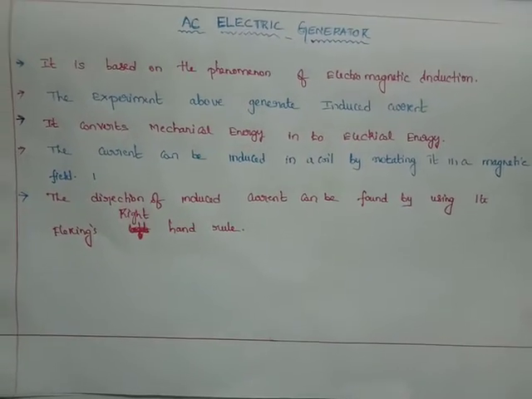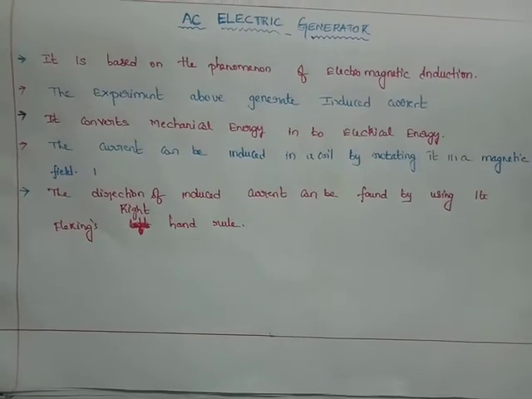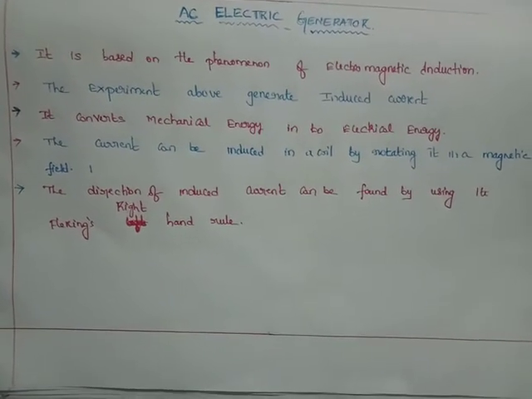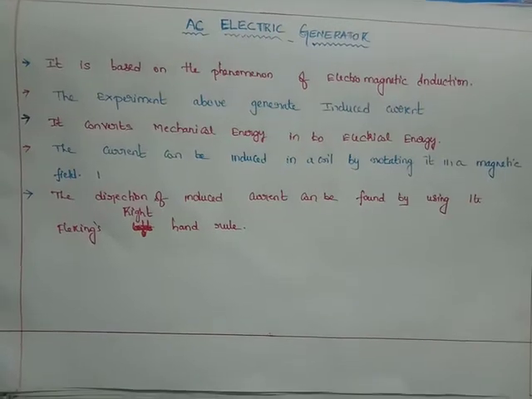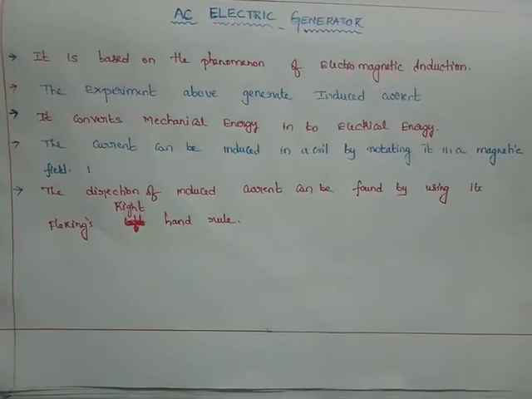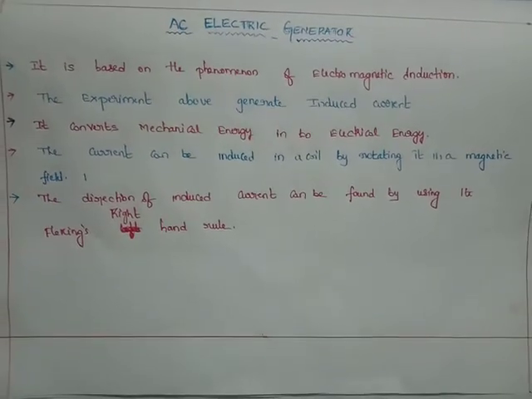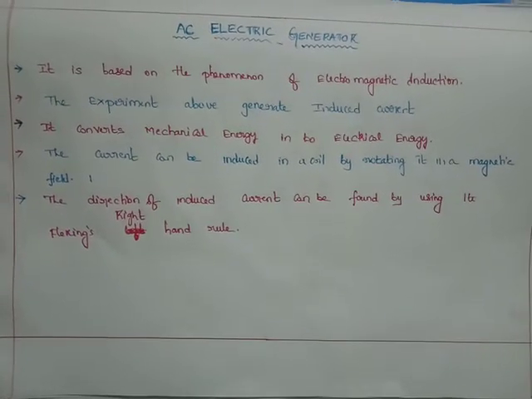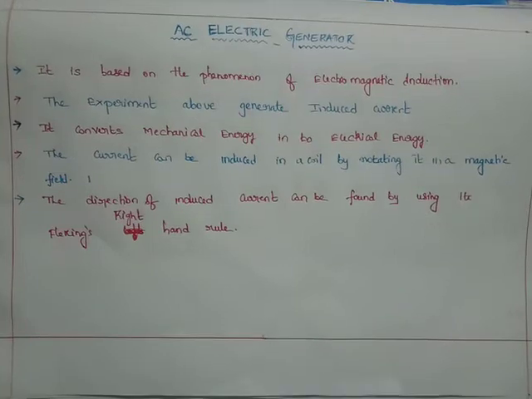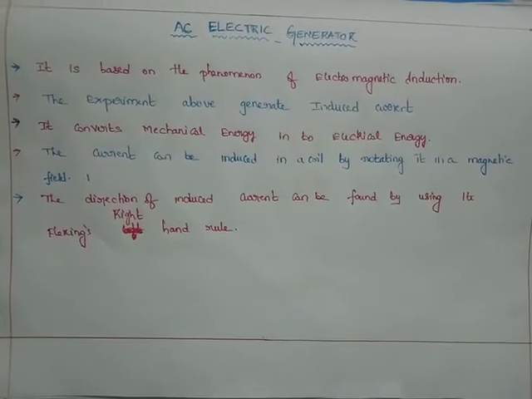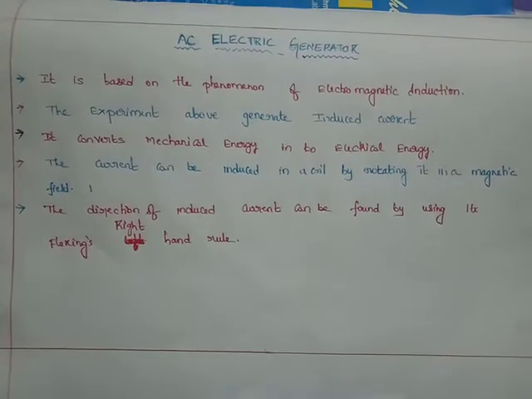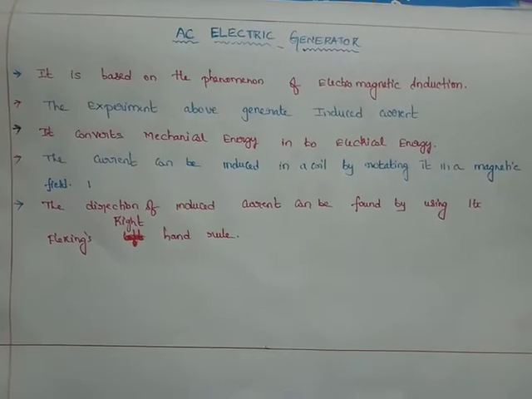But here the current direction changes every half rotation, and mechanical energy is converted into electrical energy. The current can be induced in a coil by rotating it in a magnetic field, and the direction of the induced current can be found using Fleming's right hand rule.